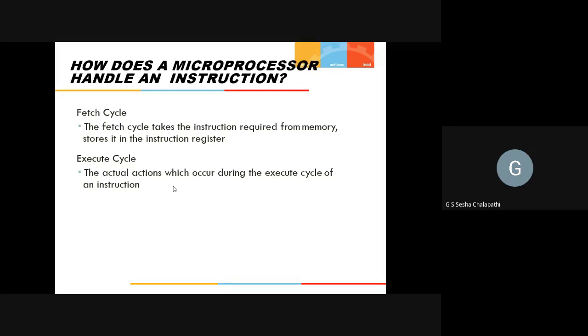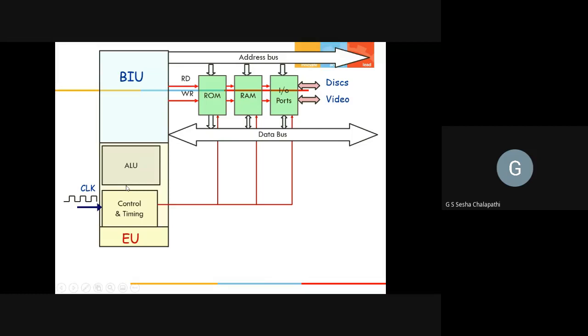So that is a little more elaborate way of classifying an instruction. But to start with, since you are right now in the initial stage, let us divide it into two phases, that is a fetch cycle and an execute cycle.